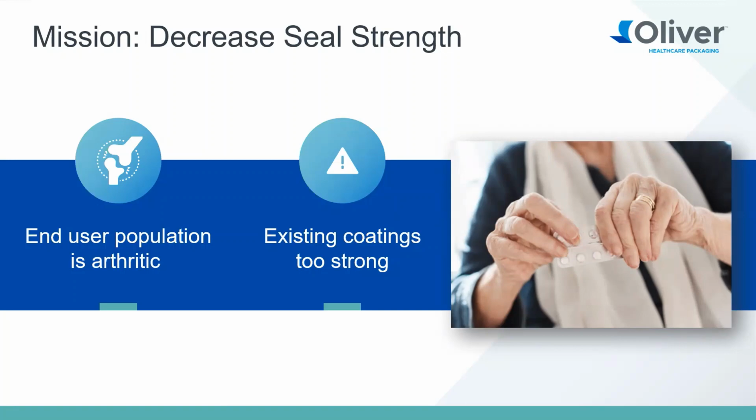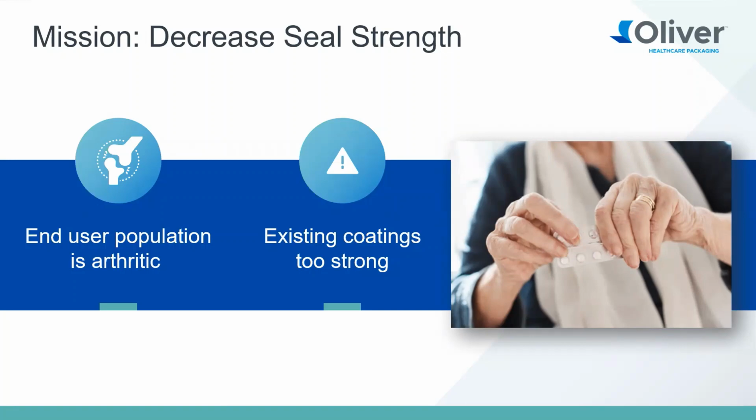So it wasn't a typical application in hospitals. It was a specific device that was going to be used for home use in arthritic patients. So the seal strength of the coatings in most of the portfolio were simply too high.